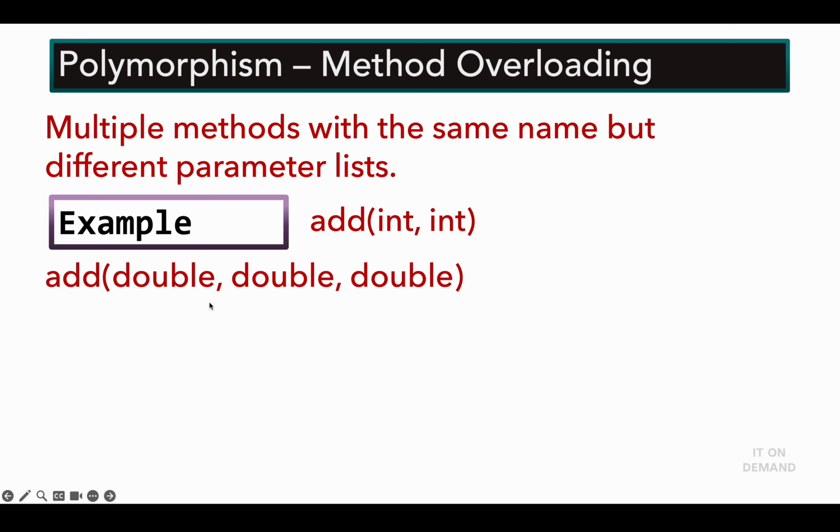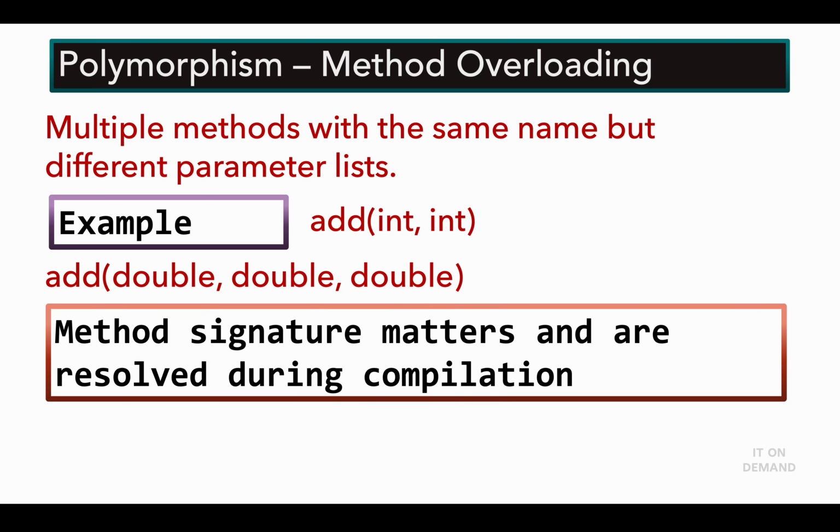So if we have double, double, that would still be an overload because this one is integer, integer. That would be overloading because we have different parameter lists that the methods with the same name refer to. So here we say the method signature matters and they are resolved during compilation. And because of this, it is called compile time polymorphism.